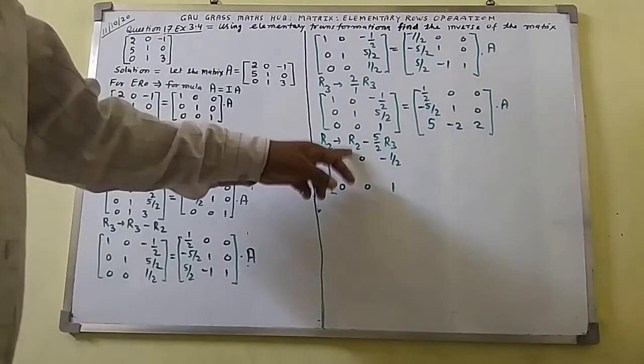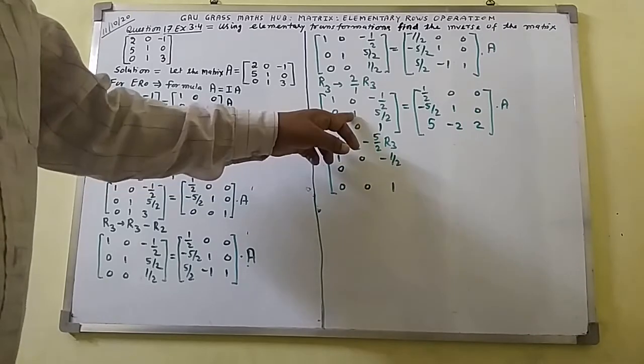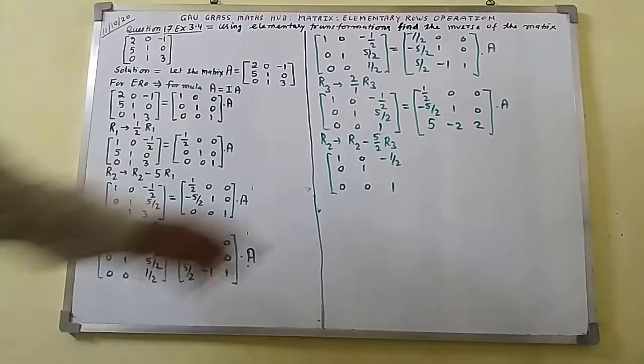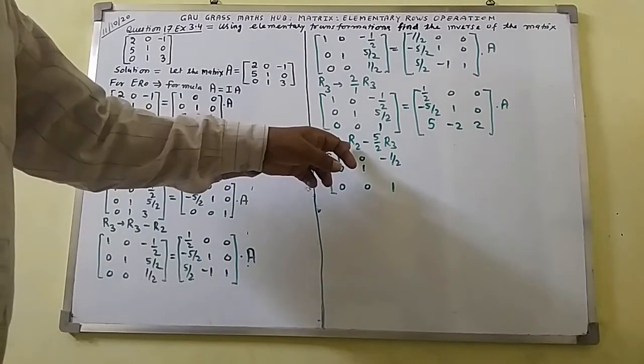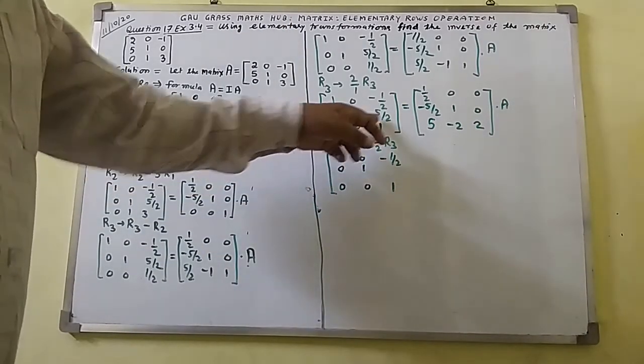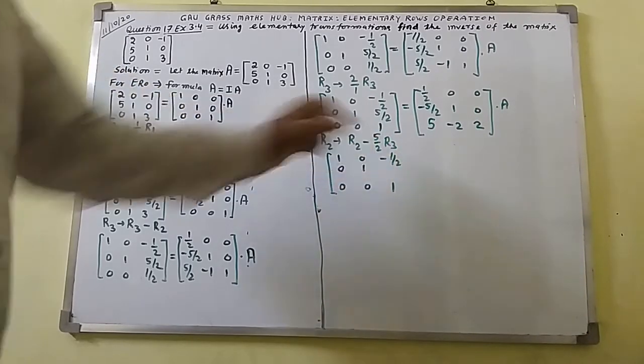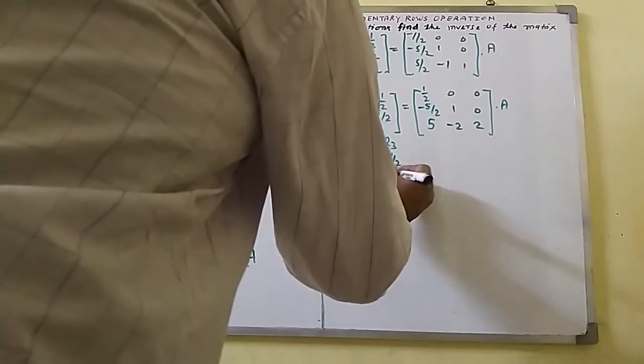Here R2 I shall take as 1, minus 5 R3 0 comes out 1. And in place of R2 I shall write 5 over 2 minus 5 over 2 R3, here 1. So here you will get 0.